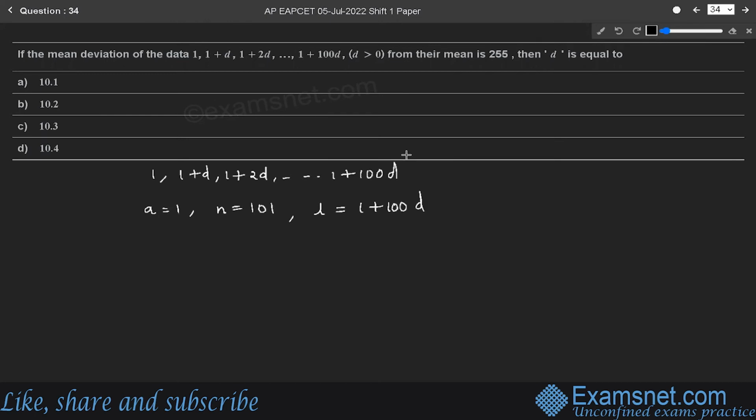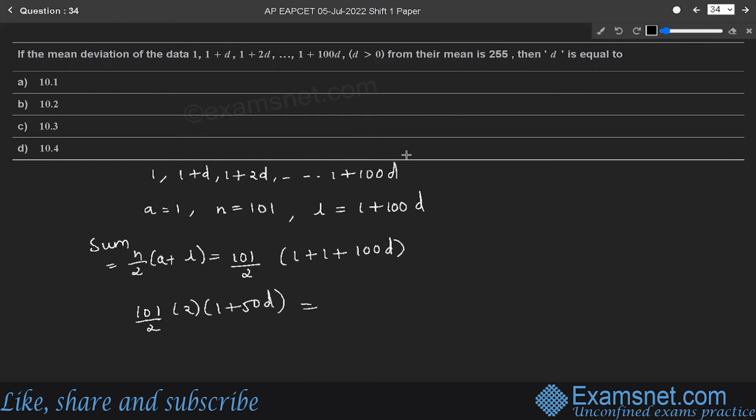Therefore, the sum of these numbers can be written as n by 2 into a plus L, which is equal to 101 upon 2 into 2 plus 100d. This is the sum of these numbers, which equals 101 upon 2 into 2 into 1 plus 50d, which is equal to 101 into 1 plus 50d.